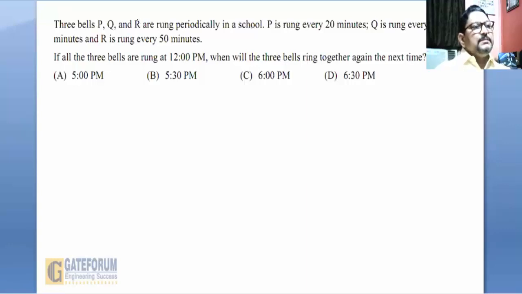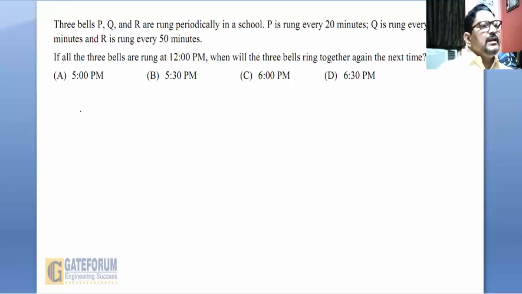Three bells P, Q, R are rung periodically in a school. P is rung every 20 minutes, Q is rung every 30 minutes, and R is rung every 50 minutes. If all the three bells are rung at 12 p.m., when will the three bells ring together again the next time?